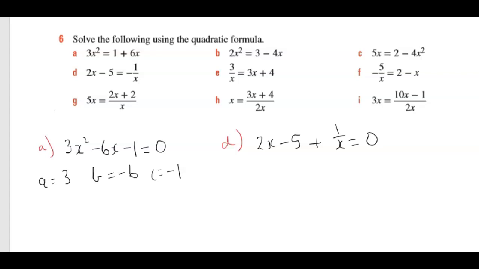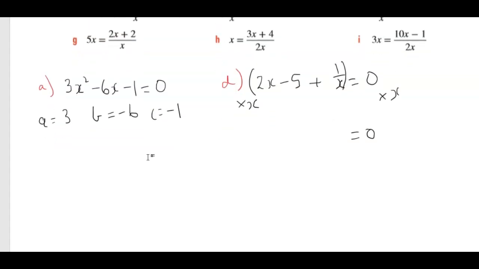All right, at this point, it doesn't look like a quadratic. Let's just get rid of that 1 over x by multiplying both sides by x. If I multiply both sides by x, obviously the right-hand side still stays 0 because 0 times x. But now I'm going to have 2x times x gives me 2x squared.